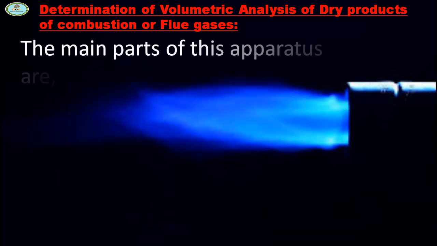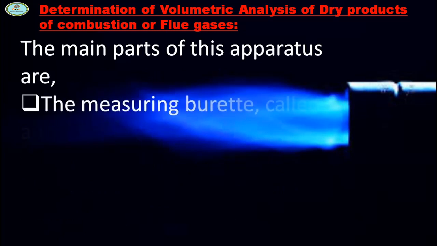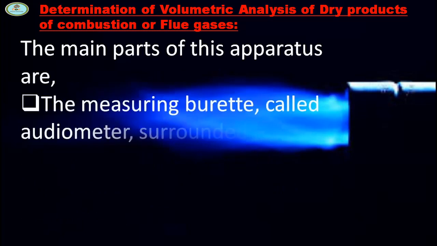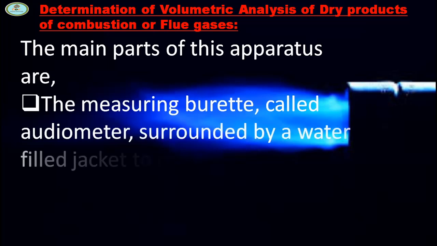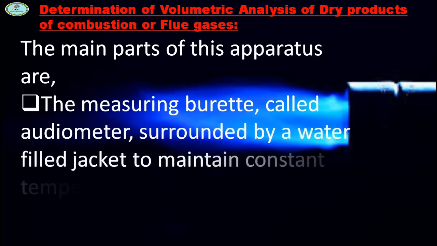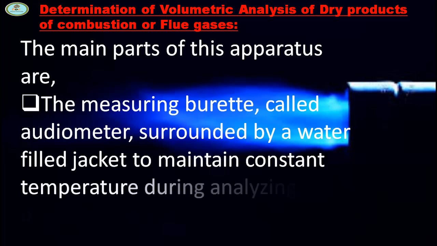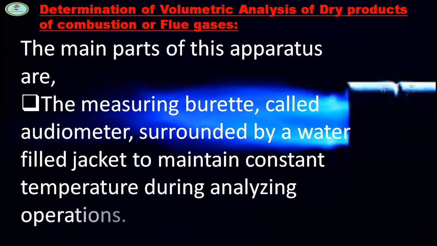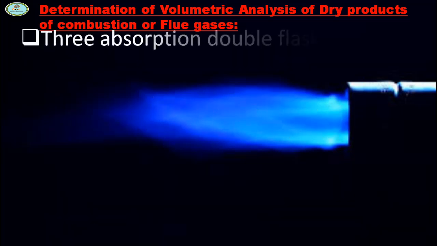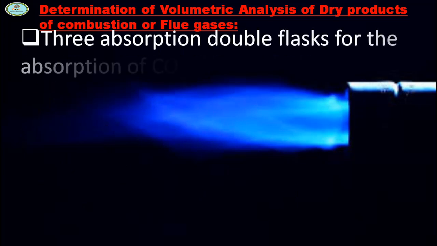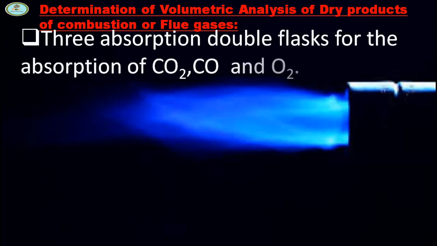The main parts of the apparatus are the measuring burette called eudiometer, surrounded by a water-filled jacket to maintain constant temperature during analyzing operations, and 3 absorption double flasks for the observation of CO2, CO and O2.